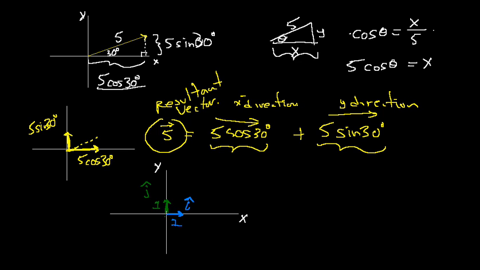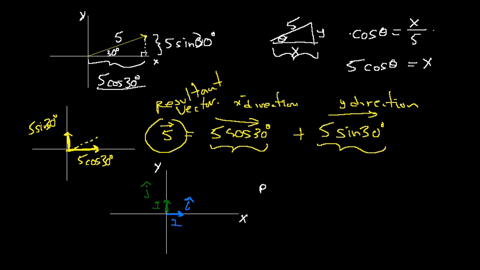Okay? So what would be the resultant? The question is, what is the resultant of the unit vector i plus the unit vector j? What would be the resultant? Can we figure that out? Well, let's see.